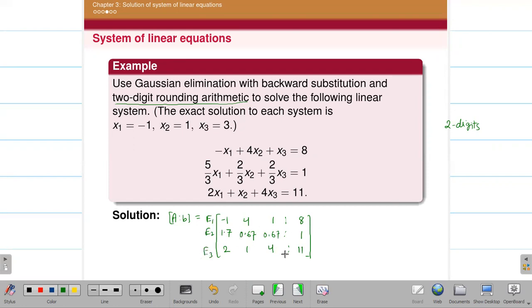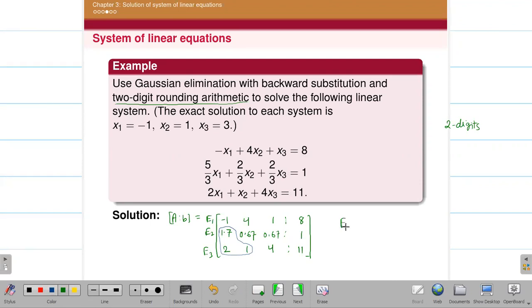Now you have to reduce this matrix into upper triangular. Upper triangular means the elements below the diagonal should be 0. In the first column we have 1.7 and 2, and in the second column, 1 only. So now make these elements 0. We will apply two operations, making the first column entries 0 first.